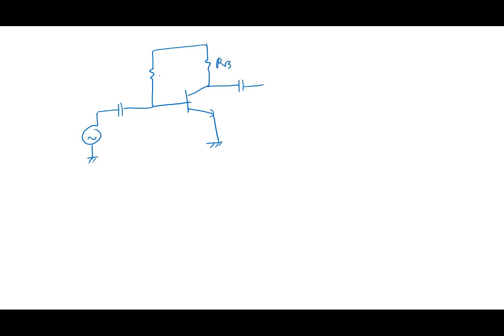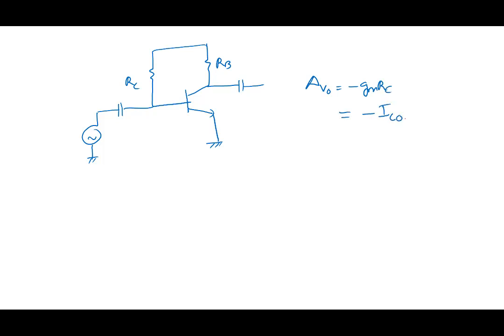If you come back to this amplifier, look at this amplifier. AV0 we said is equal to minus GMRC, equal to minus ICQ by VT.